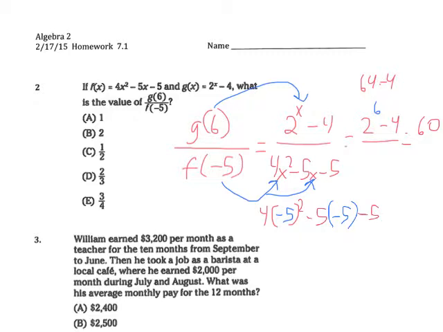Let's see, that should be 100. This is 25. So that is 120. So the answer is 60 over 120. Well, sort of. We can reduce that. 60 over 120 equals 1/2. So it looks like C is our answer.